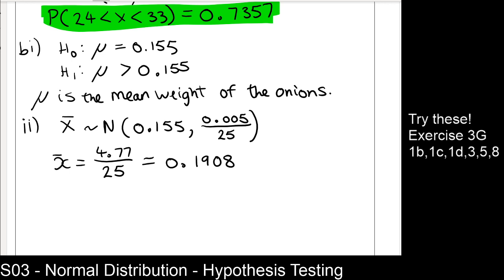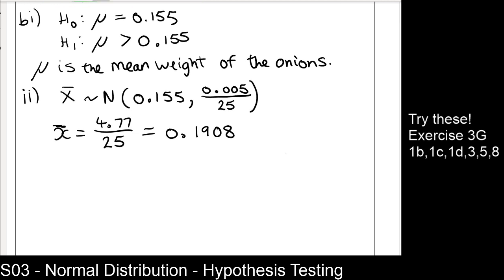And to write the sample mean, if you remember from earlier in one of the earlier stats books, we wrote that as X with a little line above it. So now what we need to do is work out the probability of finding a value that is greater than 0.1908. And we just put that in on our calculator.